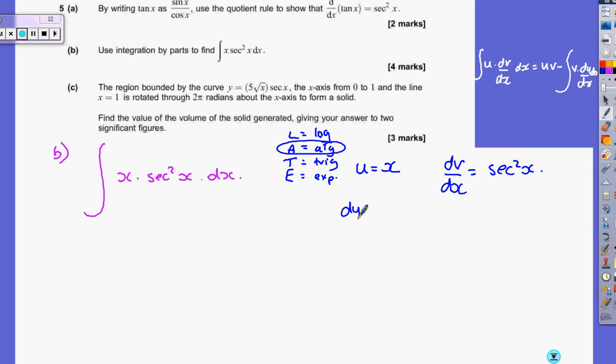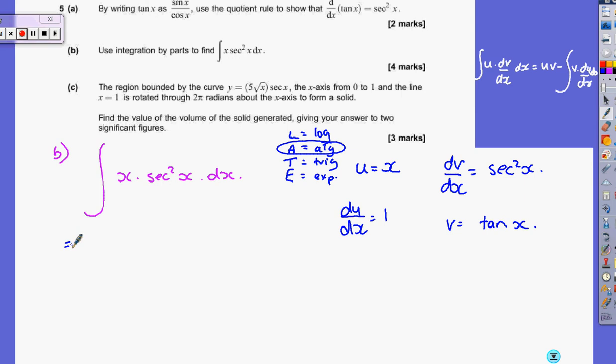Right, so I'm going to differentiate u to get 1, which is lovely, and I'm going to integrate sec squared, which strangely enough we've just proved is tan x. So that's wonderful. Okay, so now let's try and shove it into that hideous looking formula.